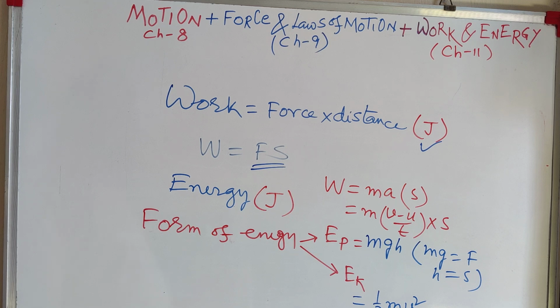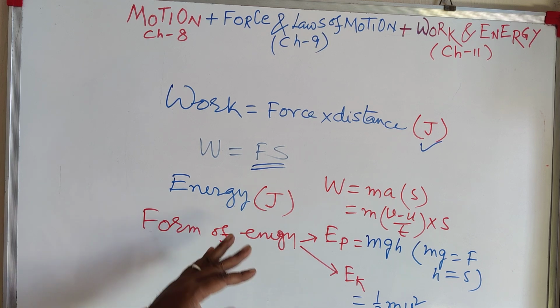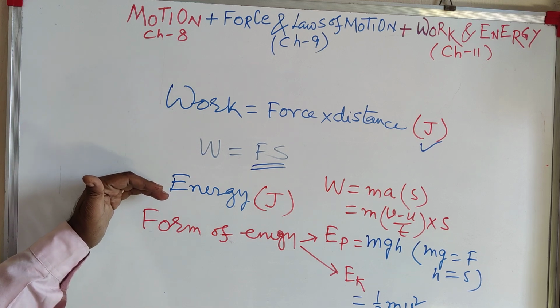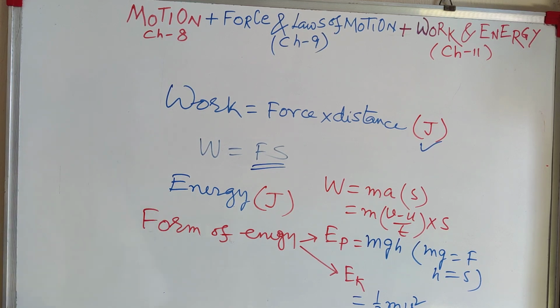Clear? Now this is the relation between work and energy. Suppose I ask you what is the work done to bring a 10 kg object from the ground floor to the fourth floor.